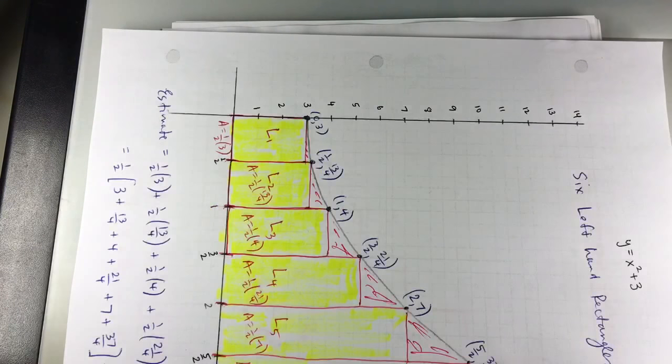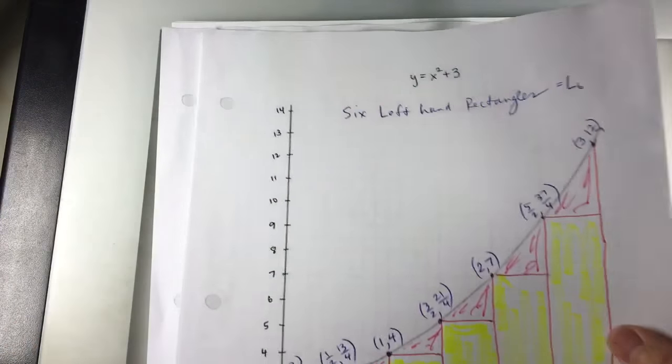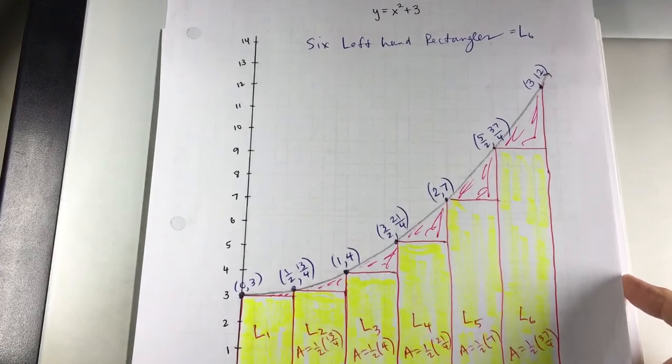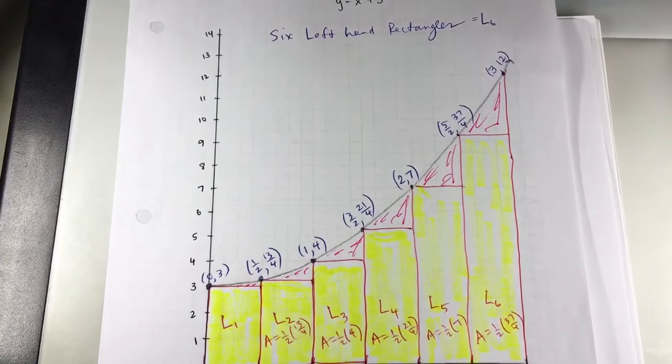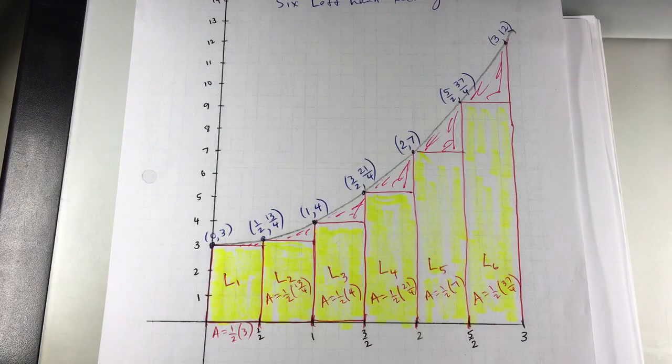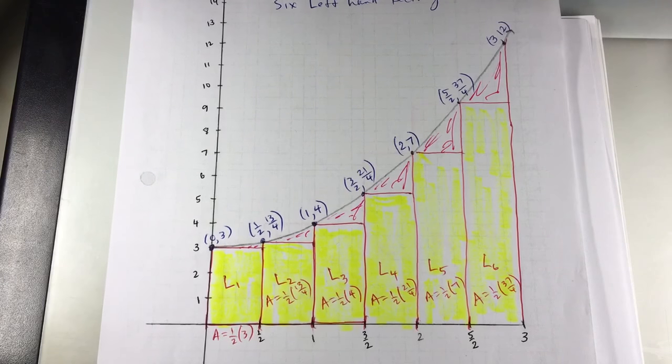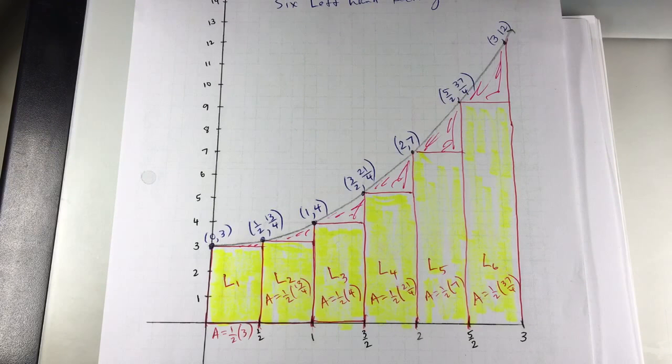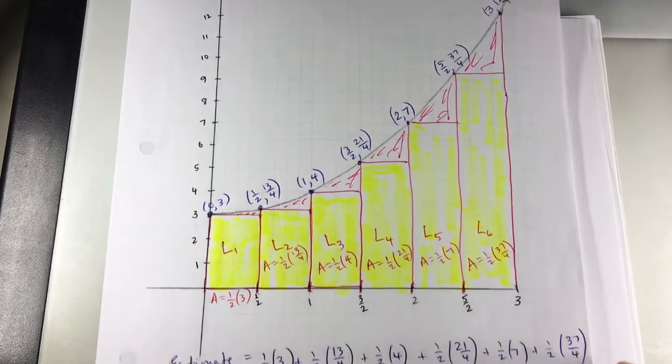So yesterday we did the left-hand rectangles, and the approximation using the 6 left-hand rectangles was 15.875.